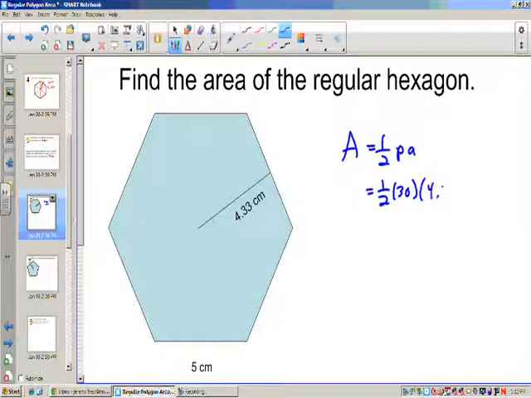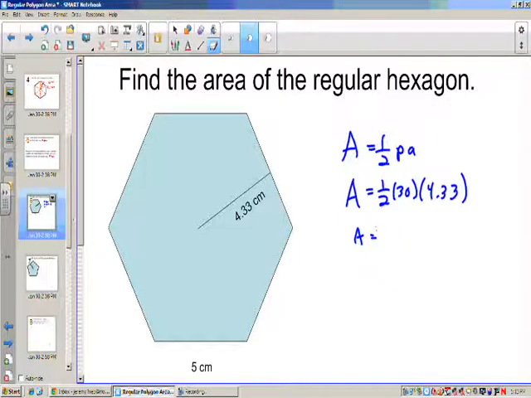The apothem is 4.33, so now we just have to do the math out. 1/2 times 30 times 4.33 is, I have to get out my trusty calculator, and the answer is 64.95. So this area is 64.95 centimeters squared.